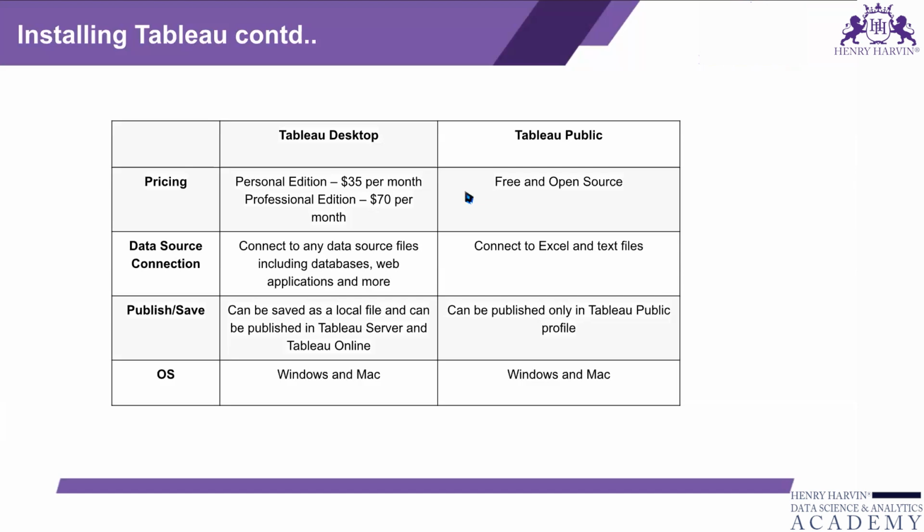Tableau Server and Tableau Online are where you can view them, and those are completely different. When you publish and save here, you can only publish it for everyone to view, or you can just show it locally, right?